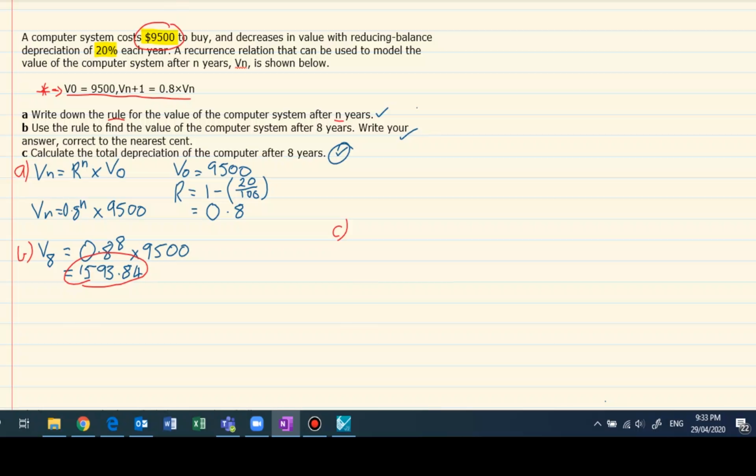The depreciation is $9,500 take 1,593.84.